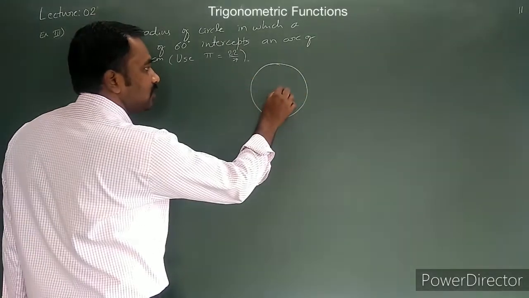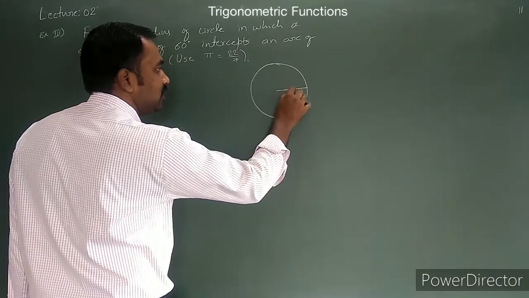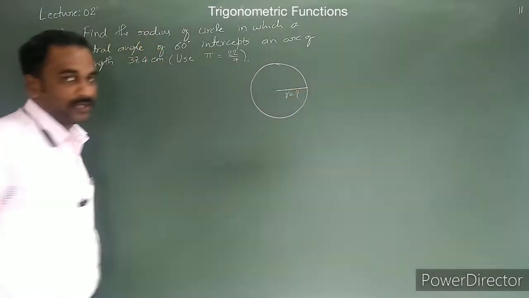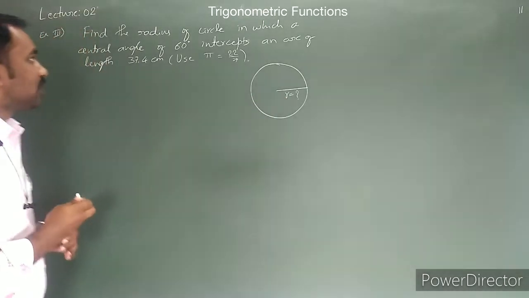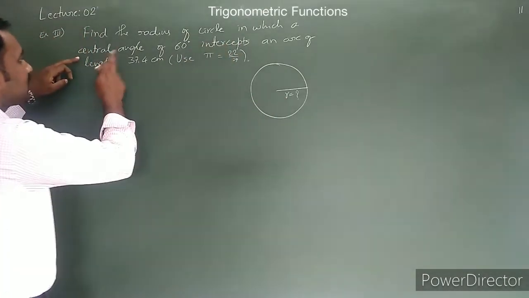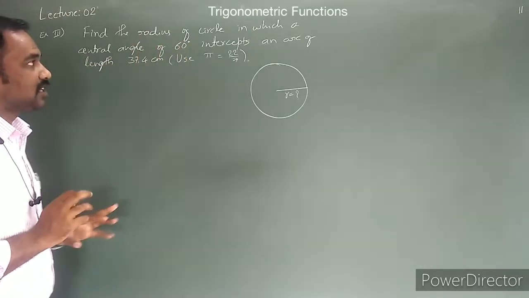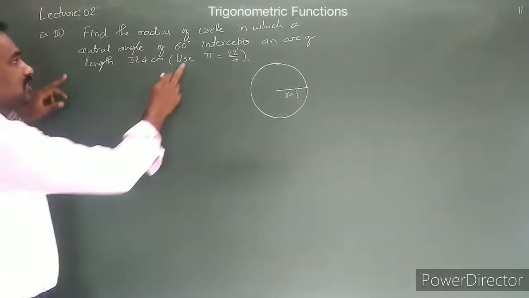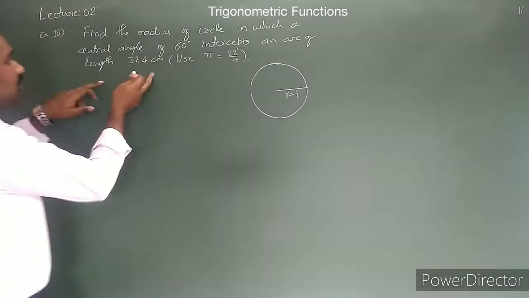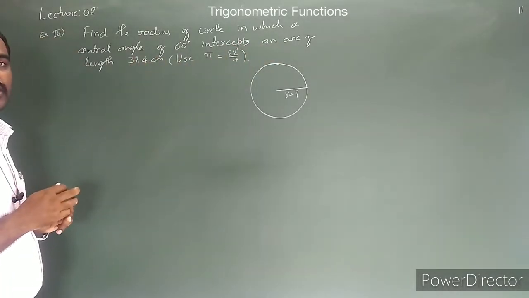This is the circle. For this circle, we have to find the radius is equal to how much? To find the radius of the circle, what have they given? In which a central angle of 60 degree intercepts. How is it intercepting? An arc of length 37.4 centimeter.